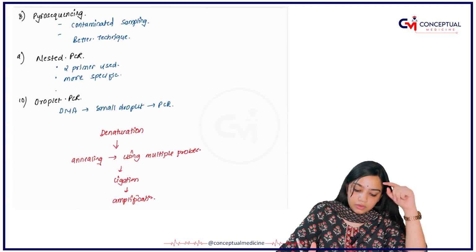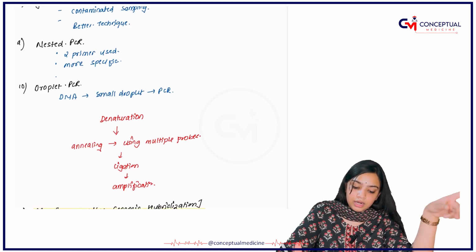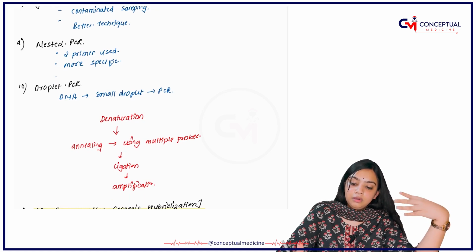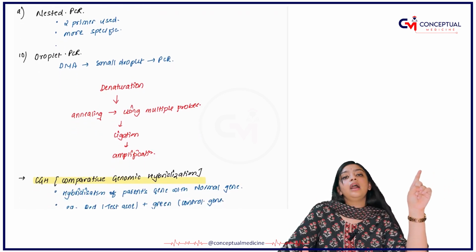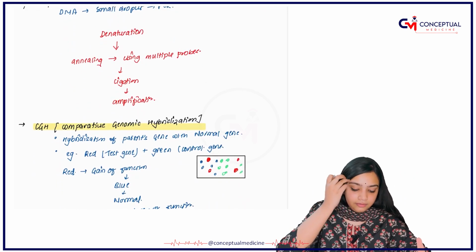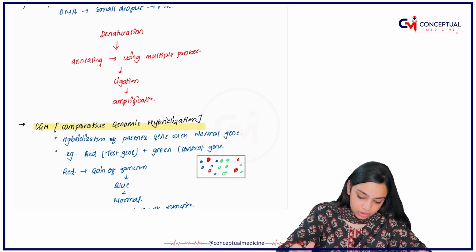And in the last also we have given that there is first denaturation, then there is annealing which uses the multiple probes, then there is ligation, and then the amplification. Lastly, we have talked about the comparative genomic hybridization.